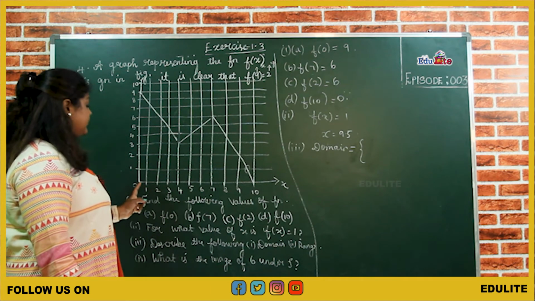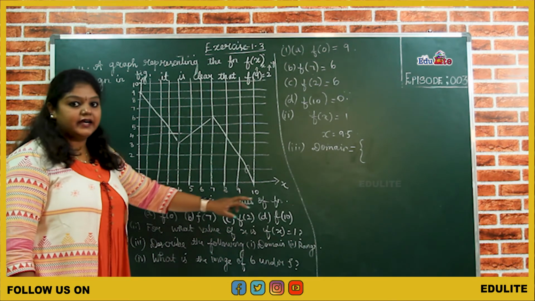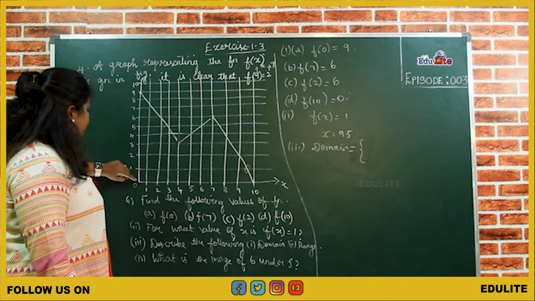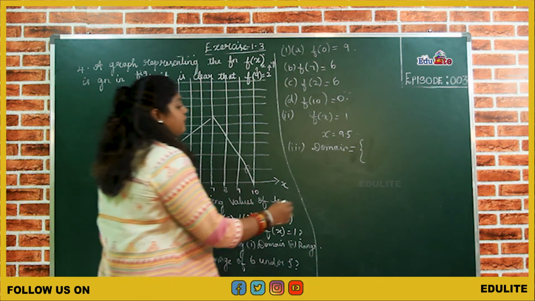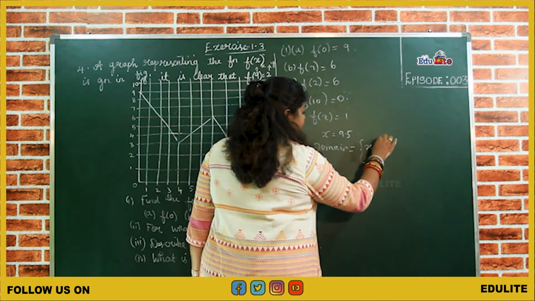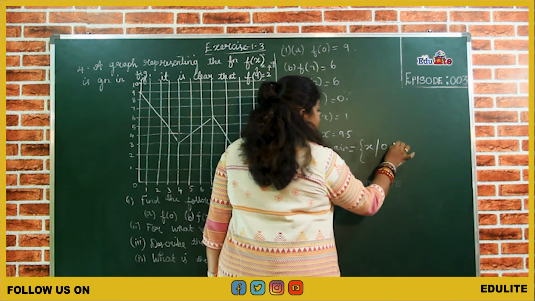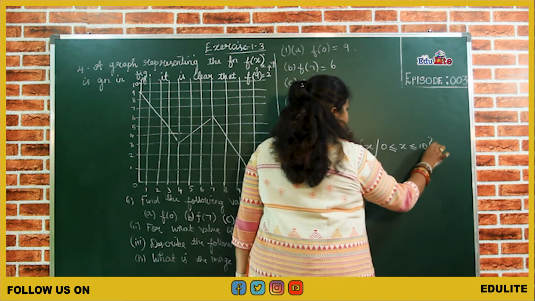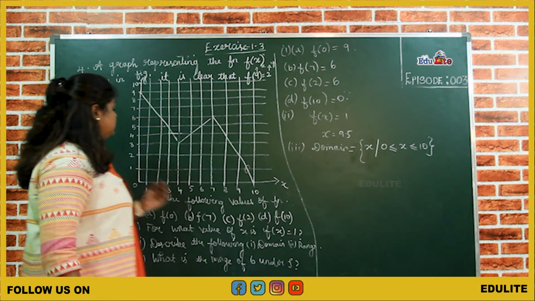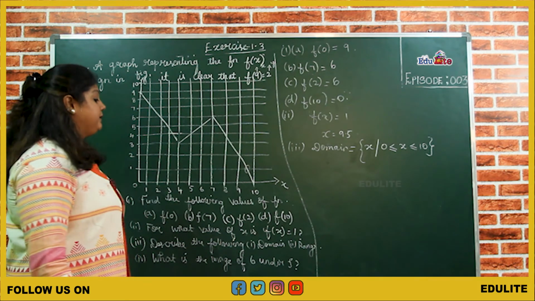Domain represents the set of values of x. For us, the set starts from 0 and ends at 10. We will write it in set builder form: x such that 0 is less than or equal to x, less than or equal to 10. Because our domain varies from 0 to 10, we have written it in set builder form.